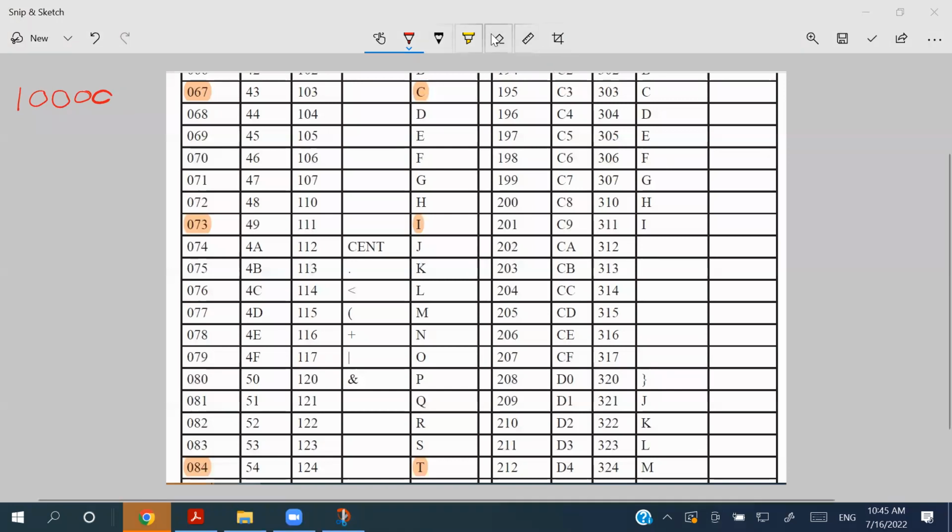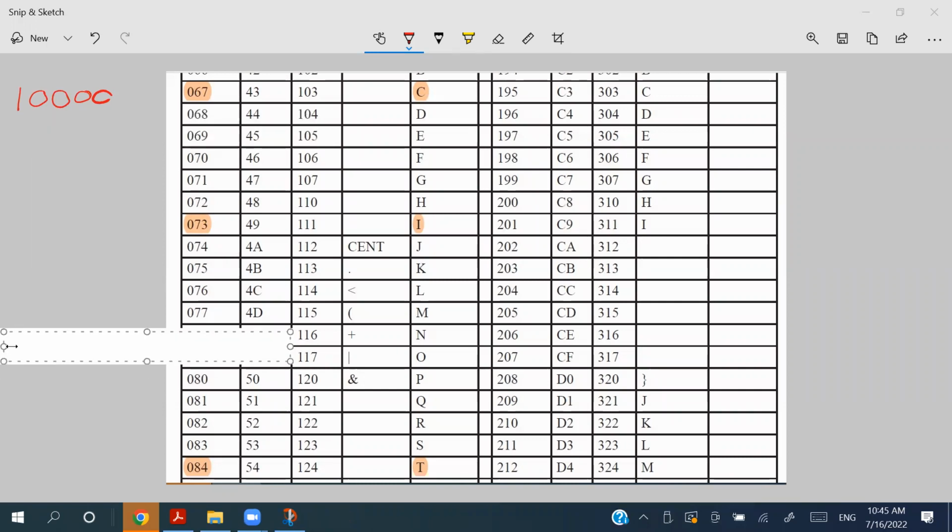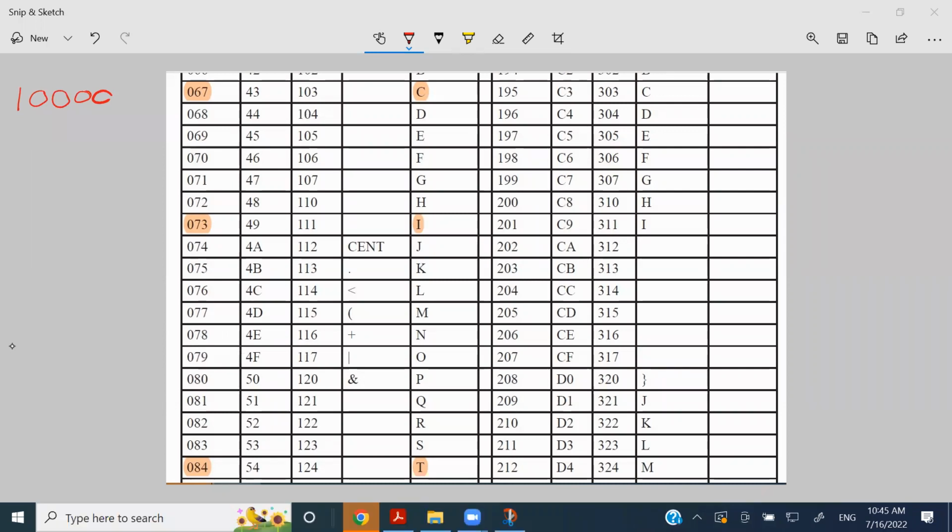I will type it, people. So it's going to be the 67.